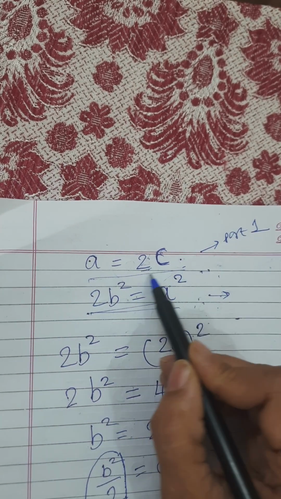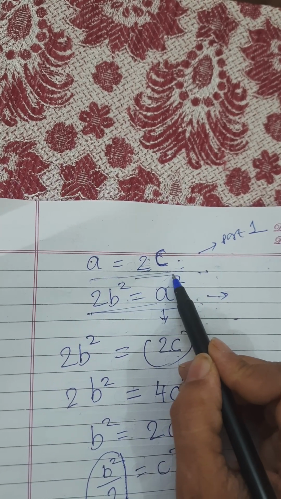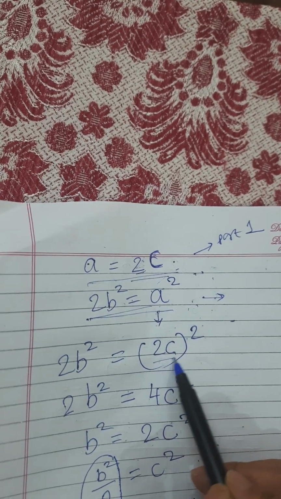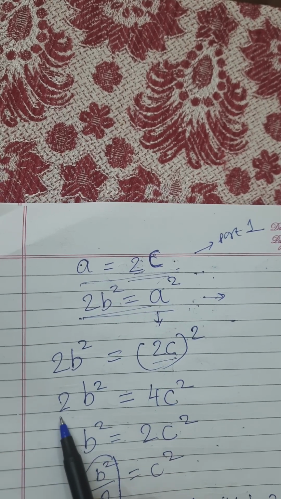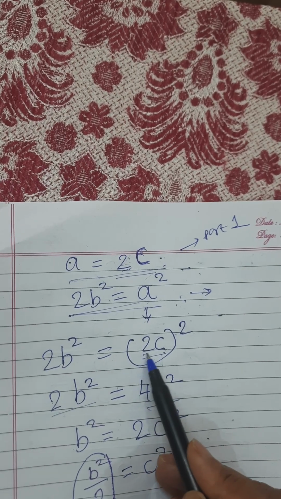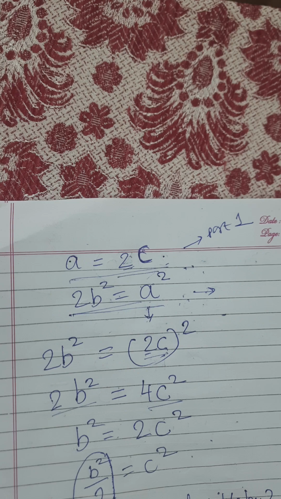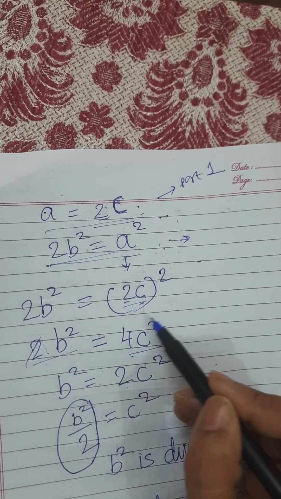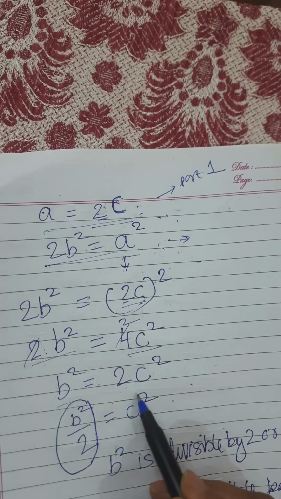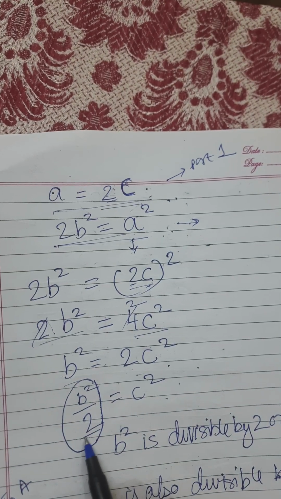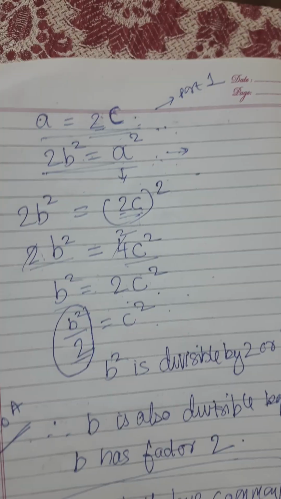Now in the above step we said a is equal to 2c. I replace a by 2c. Simplify, it becomes 2b square is equal to 4c square, 2 twos are 4 and c square. So now we divide 2 and 2 right here. So b square becomes 2c square. So c square is equal to b square by 2. Now what does that tell me?